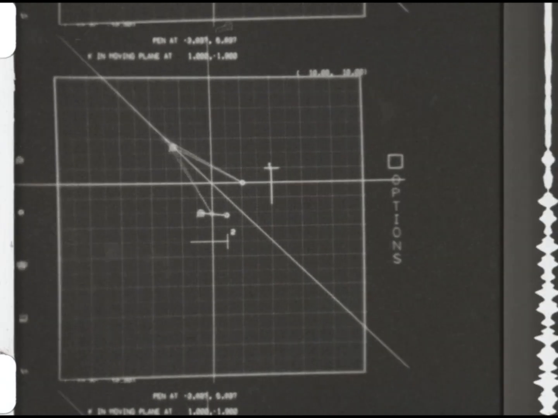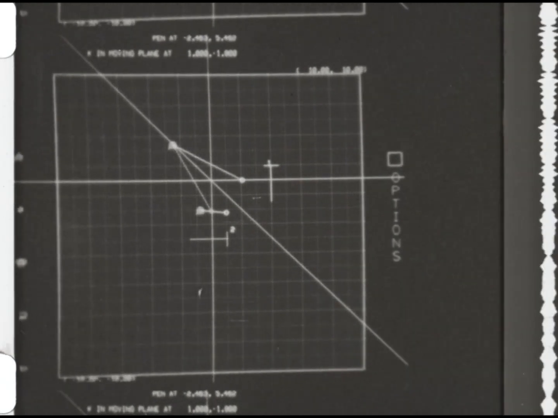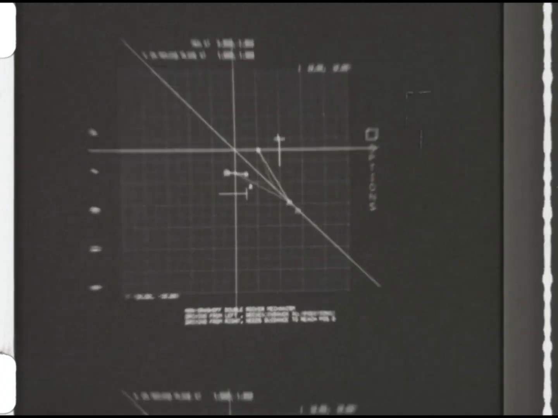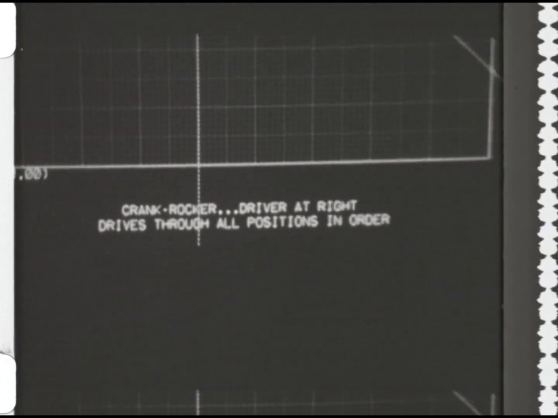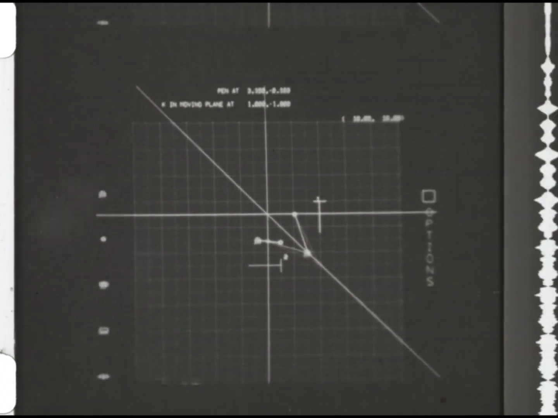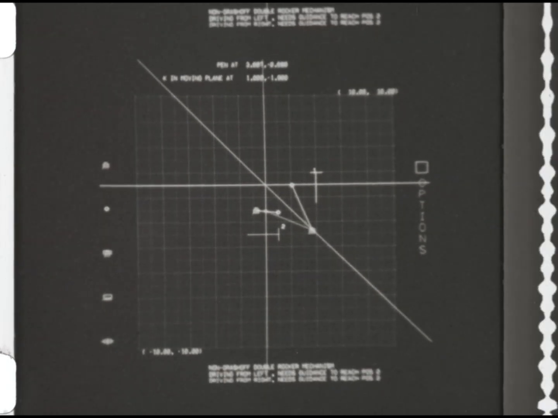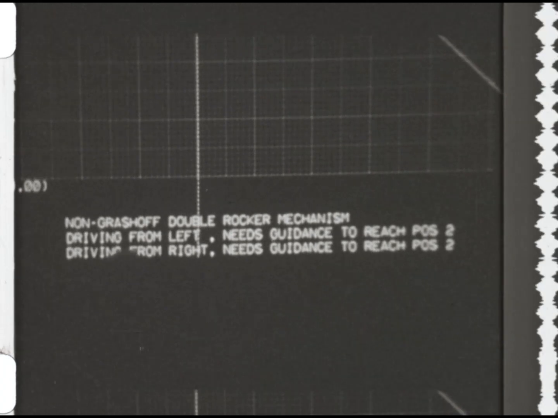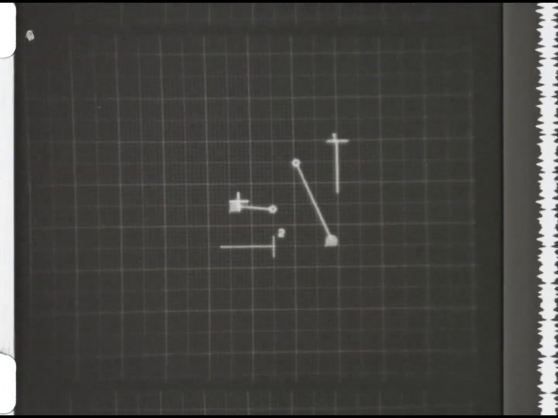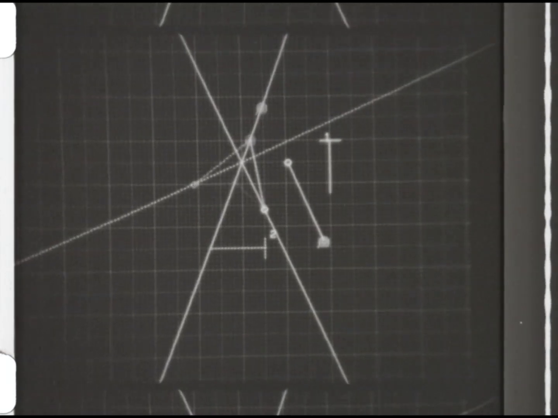Notice here it's lit up the screen brightly with this box around the outside to say that that is a good design. But notice as I move along this locus, that box goes out to indicate that this mechanism, even though it can be assembled in the different design positions, won't move through them without being guided in between the positions.